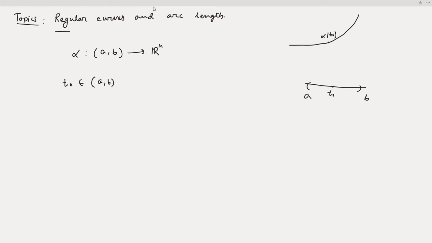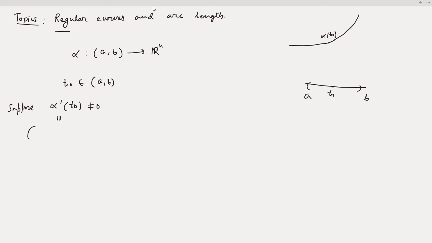Then suppose alpha prime at t naught is not equal to 0. So what is alpha prime of t naught?